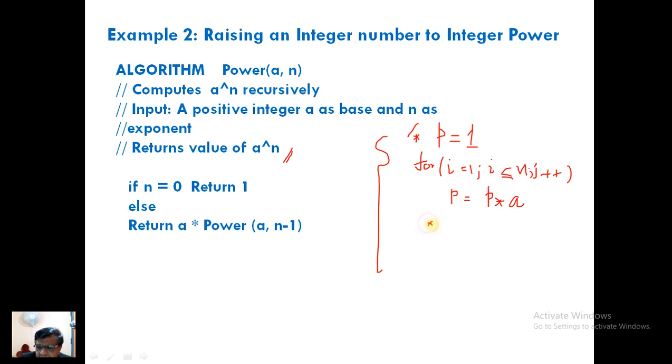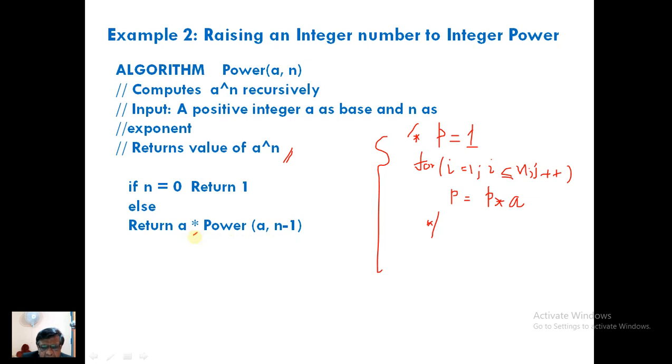Here it is translated into a recursive kind of thinking and a recursive kind of solution. If n equals 0, return 1. There is no question of multiplication. And if n is other than 0, you multiply a so many times, that's all: power of a comma n minus 1.